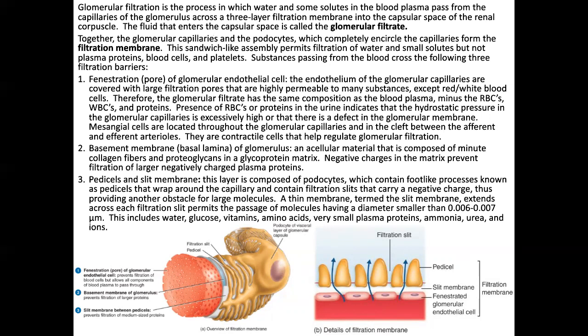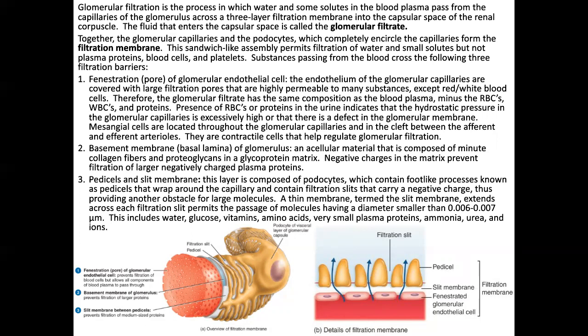Now, in order for us to form filtrate, the water in our blood plus the very small solutes must cross a 3-layer filtration membrane from the inside of the blood vessels to the inside of the capsular space.